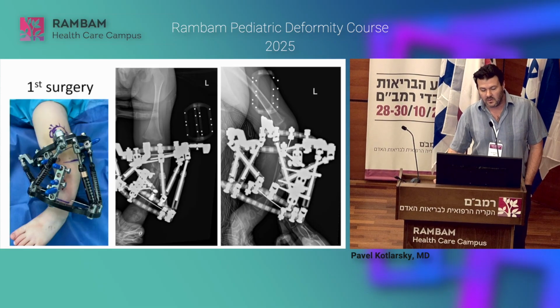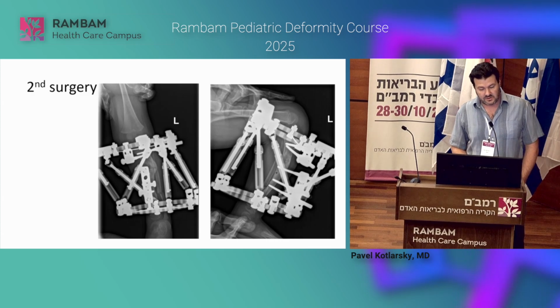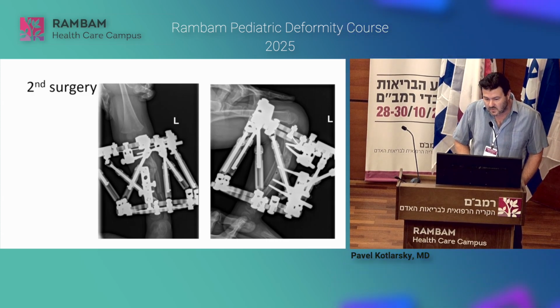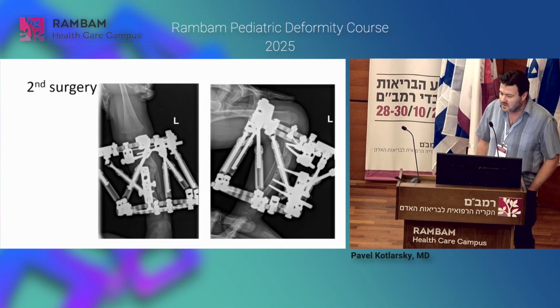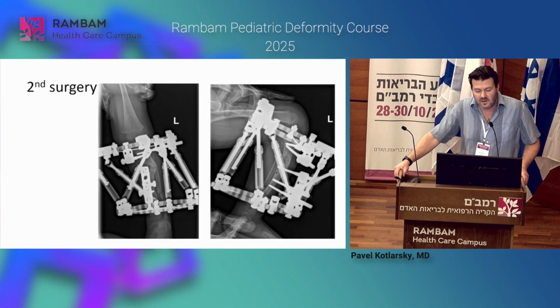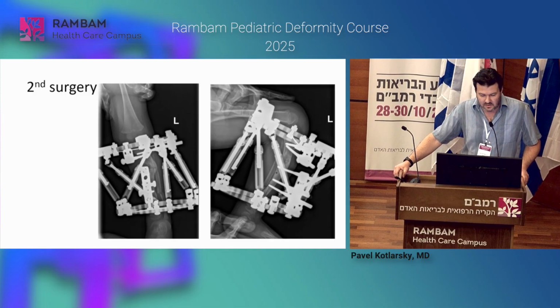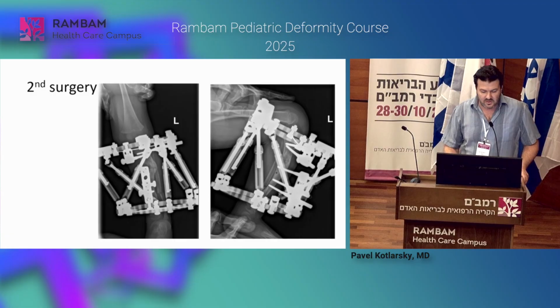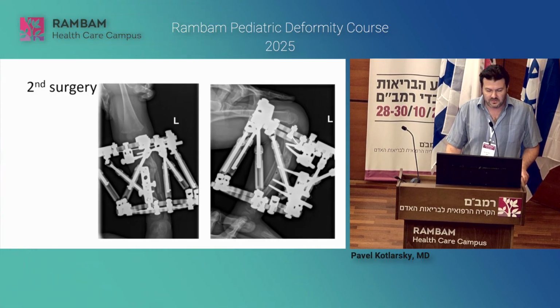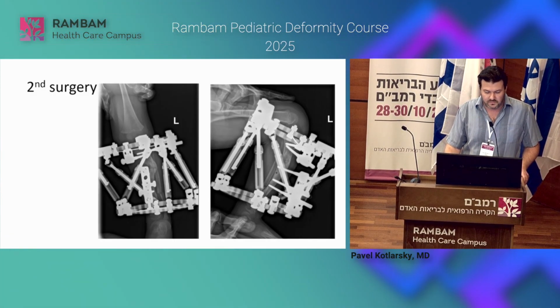And then after 1 week, second surgery. The distal wire was replaced, and the new wire was fixing the fibula and the tibia, and an osteotomy of the fibula was done. And you can see that the ankle mortise now looks a little bit better than it was looking before.